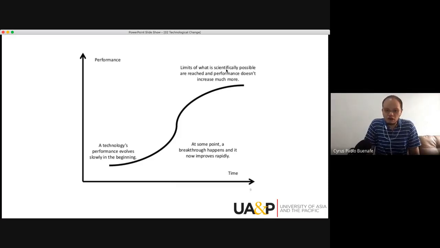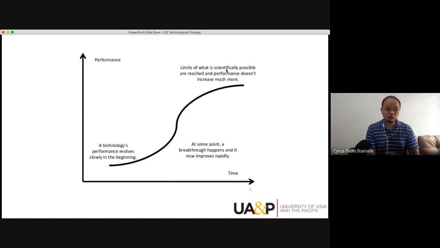Okay, now what's the reason why it plateaus? Well, from a feasibility point of view, there are limits. Some scholars would call this diminishing returns. So there's a limit to how many resources you can put into the technology. That's one. There's only so much learning that you can extract from the existing technology. Maybe you've covered everything. There's nothing more to improve.